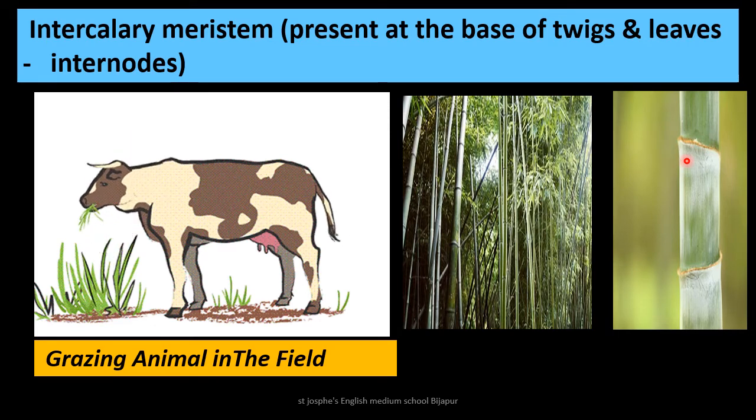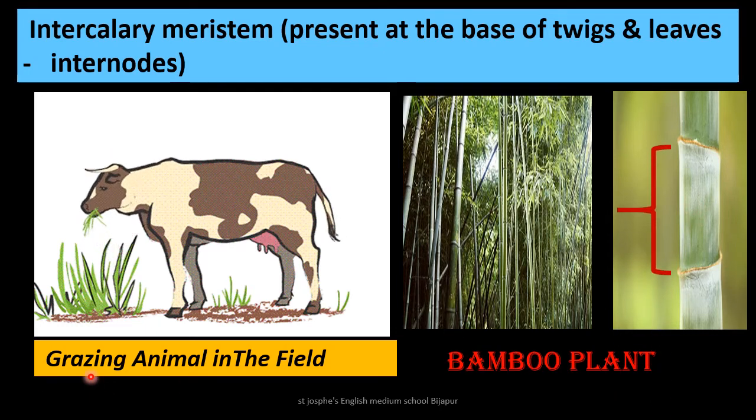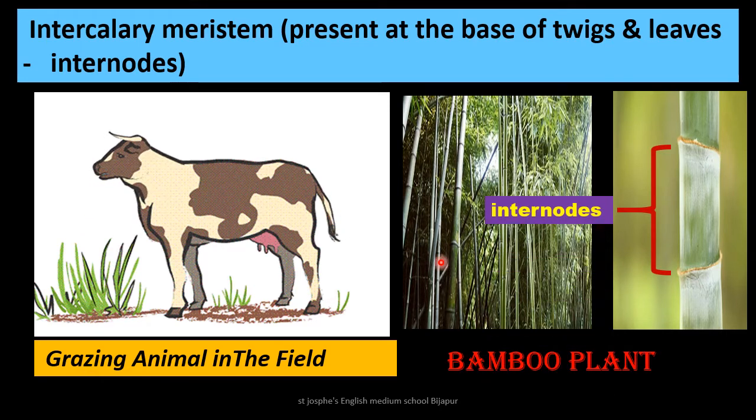So the space between two successive nodes is known as the internode. This internode is made up of a permanent tissue that has lost the ability to divide and grow any further.